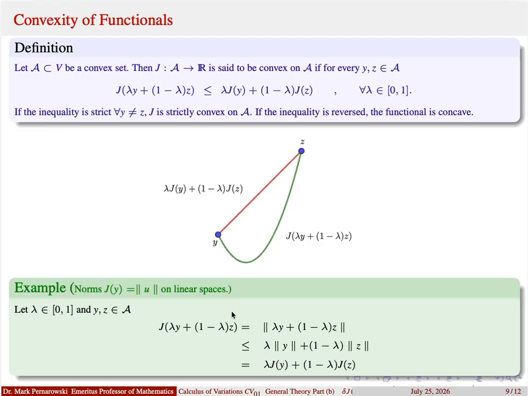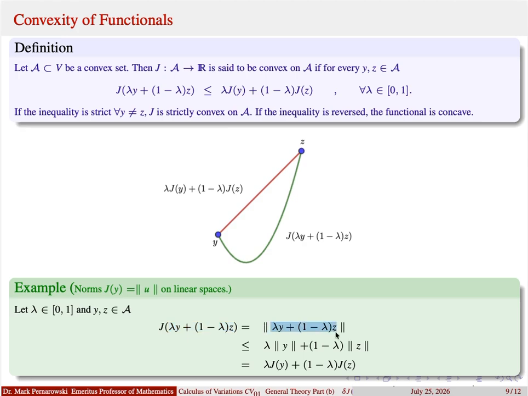A very, very simple functional that is convex is every norm. If you have a norm, it is a convex functional. And the proof is really, really simple. Basically, you just say, what's J? If J of y is the norm, then J on the line segment is going to be the norm of the line segment.